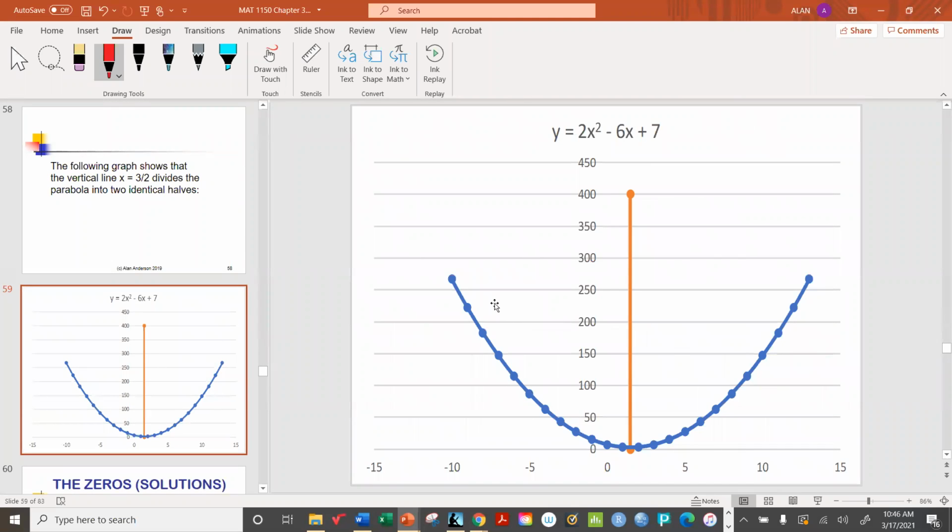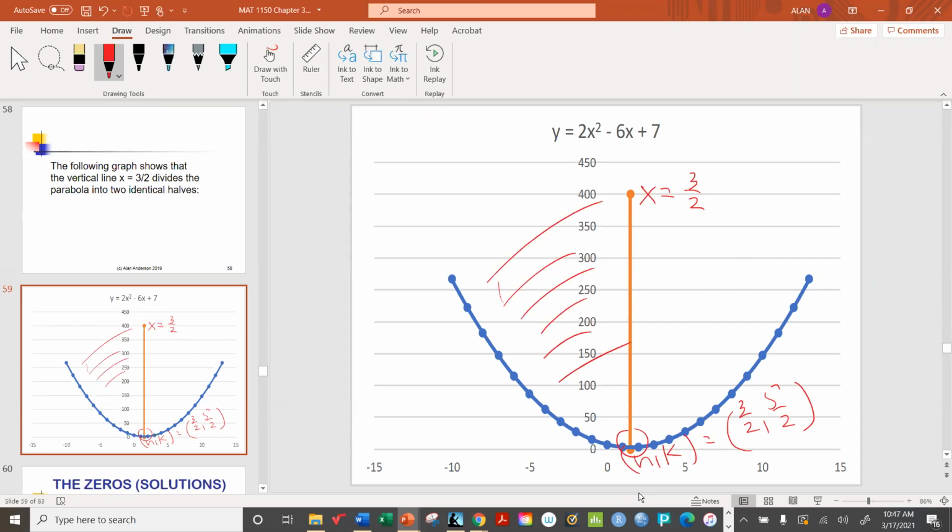Excel is kind of awkward to work with sometimes, but this is the equation x equals 3/2. It's simply a vertical line that cuts through the vertex, which if you recall is 3/2, comma 5/2. And that divides the parabola in half. The left-hand side is an exact mirror image of the right-hand side.